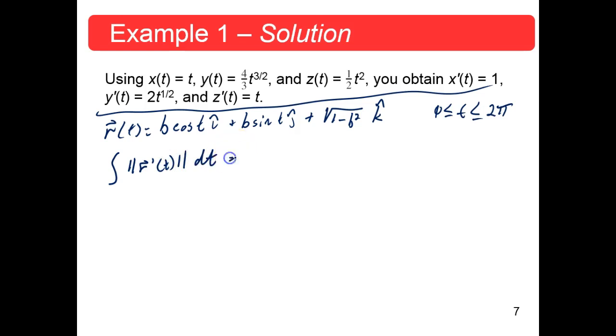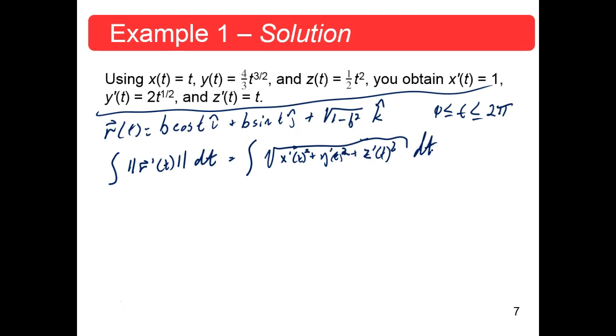A little bit longer way of saying it is the integral of the square root of x prime of t squared plus y prime of t squared plus z prime of t squared, dt.